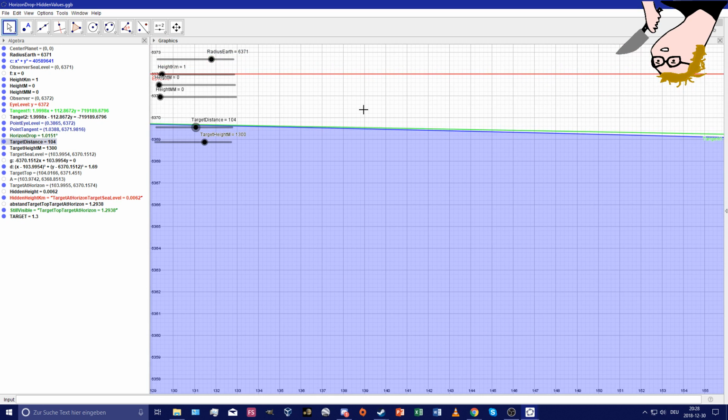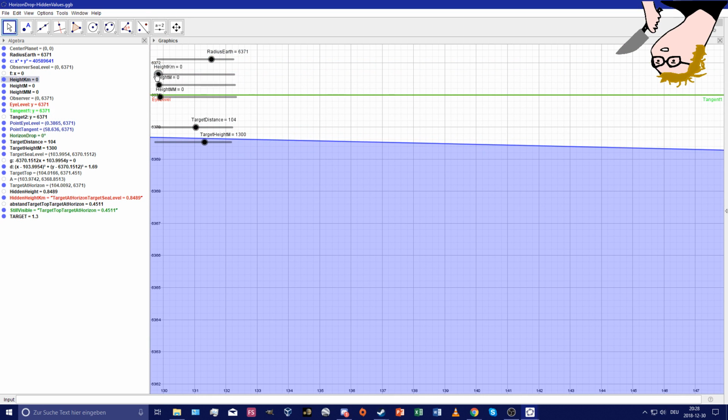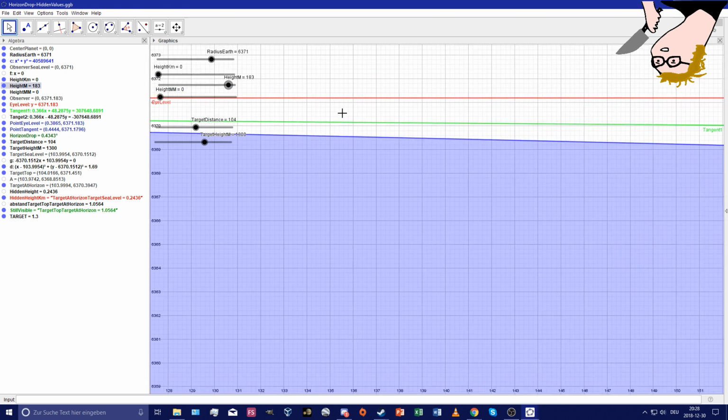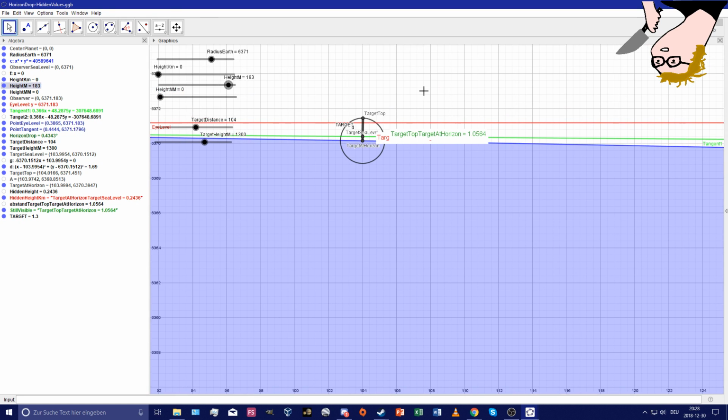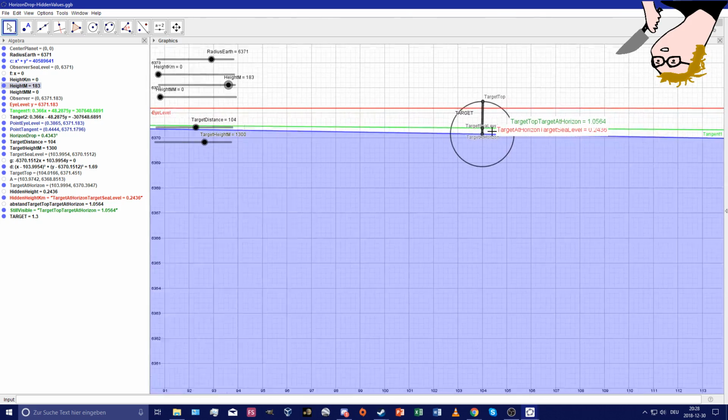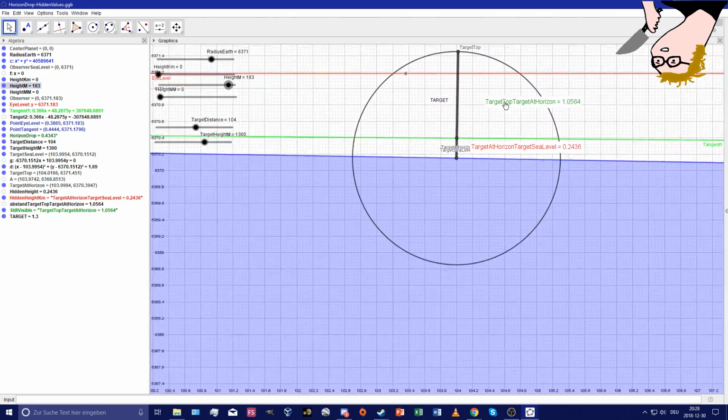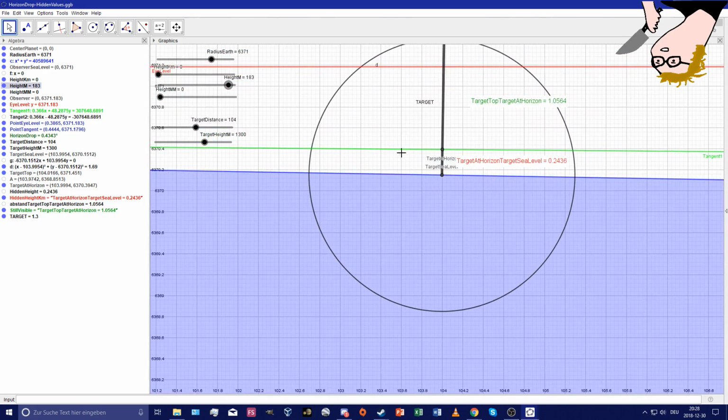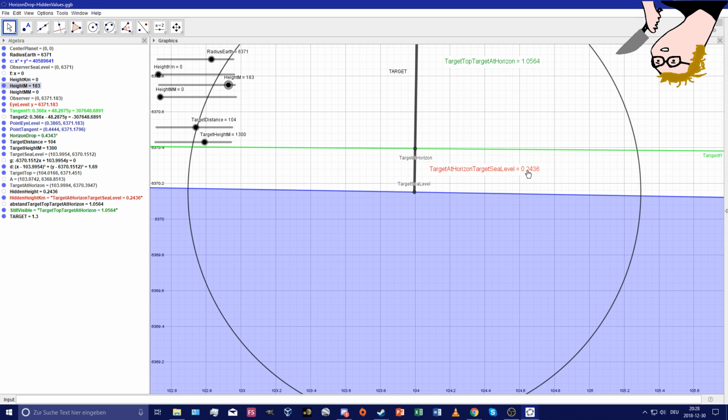No, actually, target height, 0. So target, there we go. That's a much neater presentation. So for example, since the green line is your horizon line, you would be seeing that in this case, 243 meters of the target would be hidden at this distance. Do me a favor, plug that into the Earth curvature calculator.